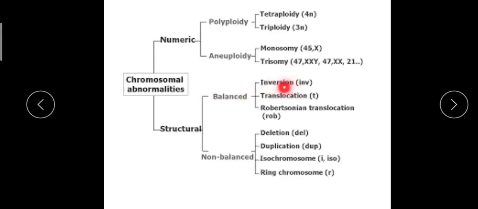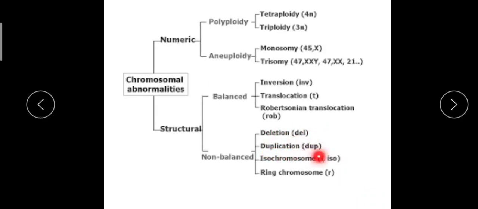In the balanced type we have inversion, translocation, and Robertsonian translocation, because there we are not losing any portion of the chromosome. But in the unbalanced type, there is deletion, duplication, isochromosome and ring chromosome. You don't have these two in your syllabus, so I haven't posted any video about that.